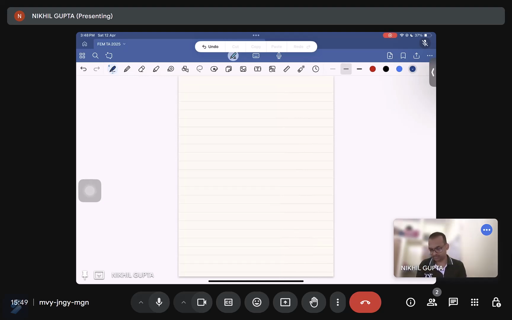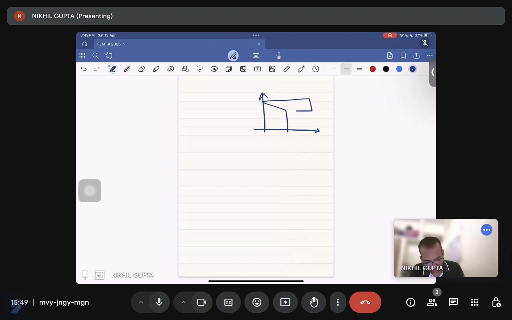Okay, let's take these elements. This is your element, then this is 2, this is 3, this is 5.